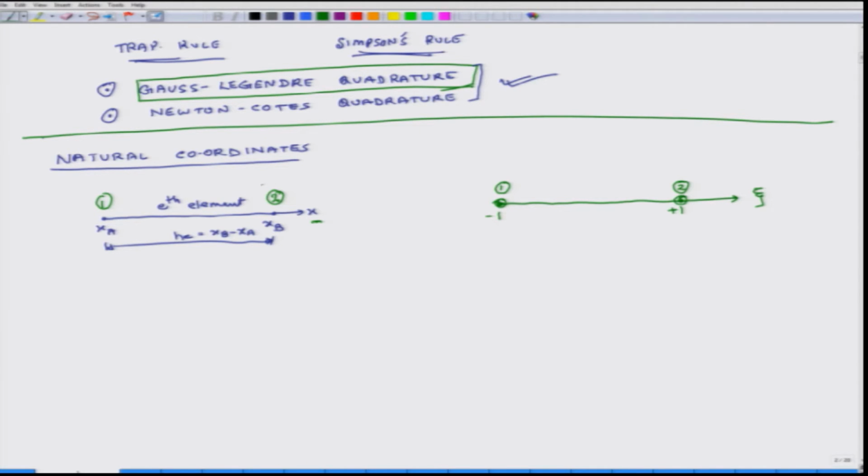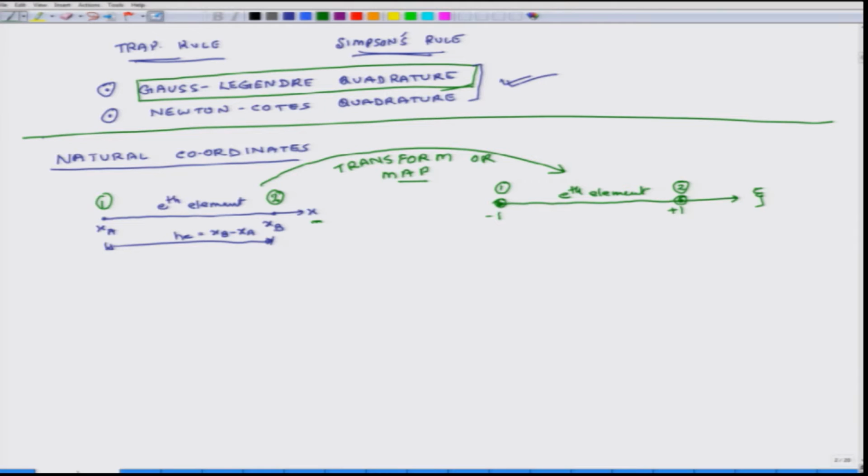My aim is to transform or map this eth element in the x coordinate system to the eth element in the zeta coordinate system, such that the first node, located at coordinate xa, moves to location -1 and xb gets transformed to location +1.